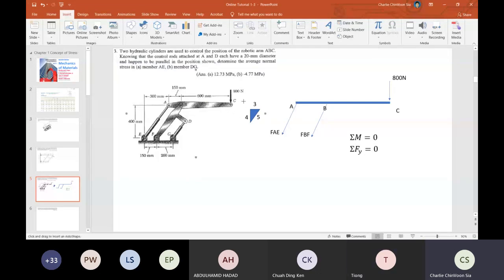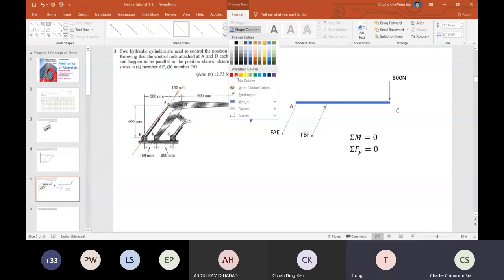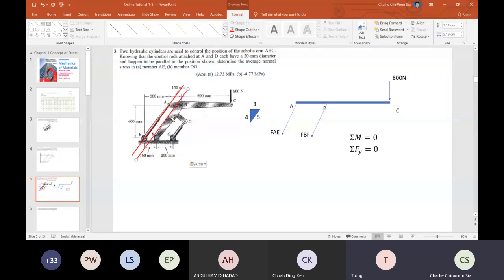In this case, let's look at this diagram. I try to use this diagram, and then I draw the guideline. I turn it to red color and make it a bit thicker. Basically, we have these three parallel lines, right? Parallel.